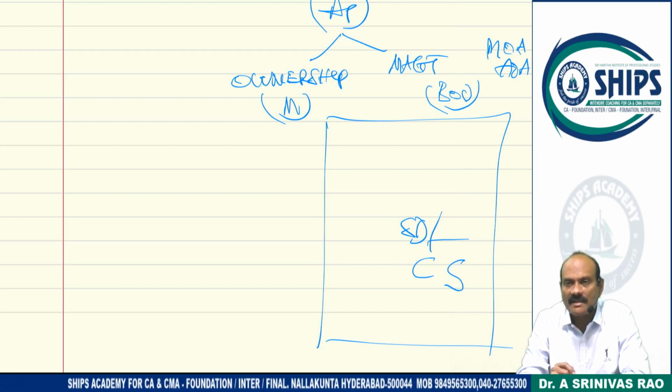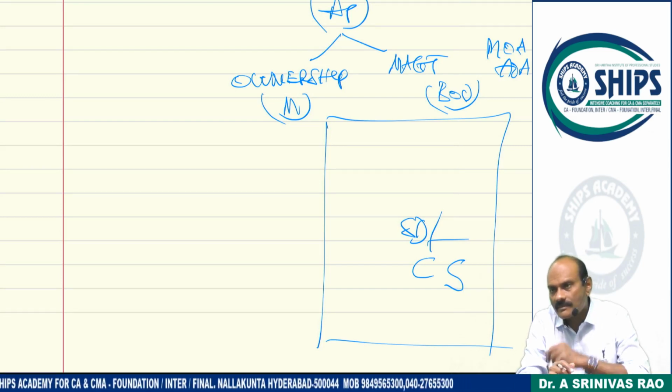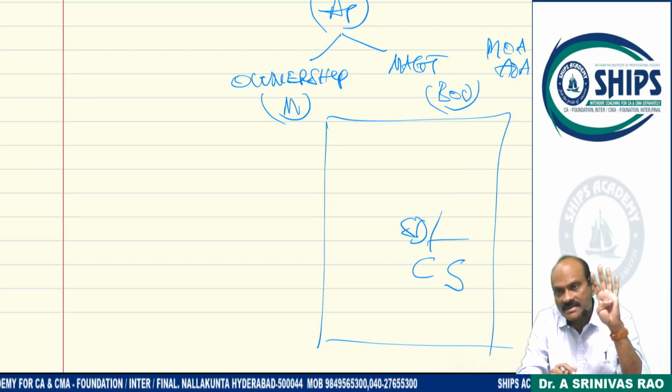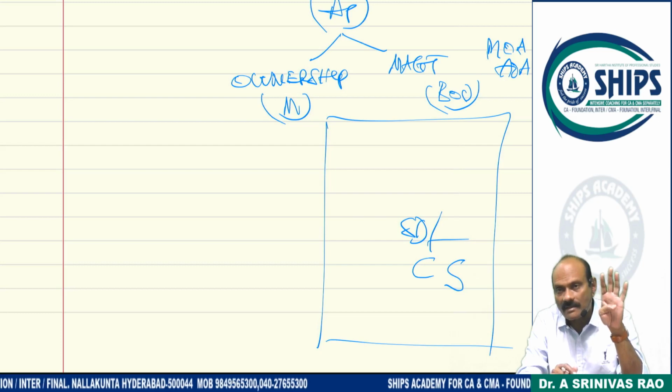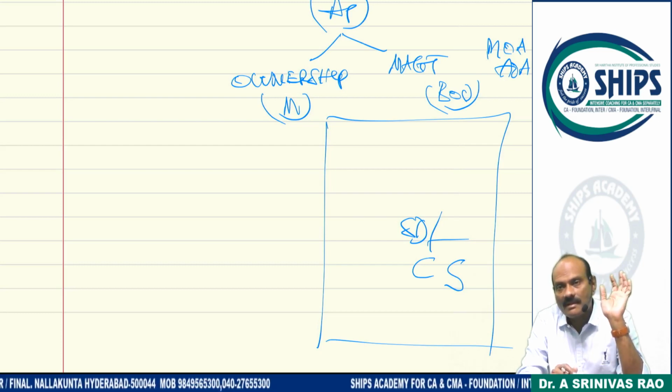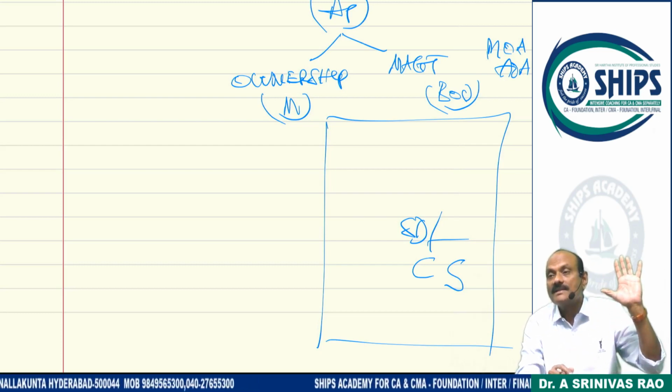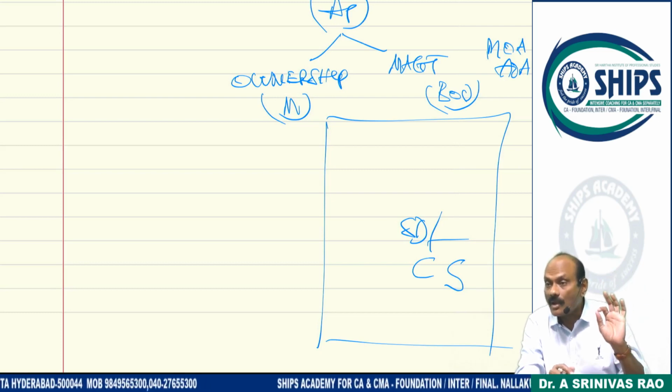What is the common seal of the Government of India? Four lions. That is the common seal of the Government of India, right? Nirmala Sitharaman, our finance minister, borrowed a loan of 10,000 crores from the World Bank.